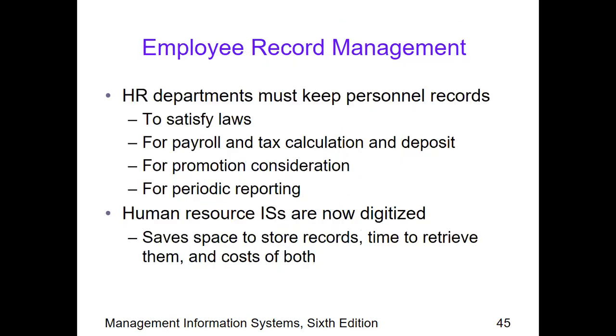For employee record management, this has to be done in order to make sure that we have legit employees in terms of their educational background, if ever laws have been satisfied accordingly, and then calculation of payroll and deposit, as well as the pay, of course, should be there for promotion consideration and the periodic reporting.